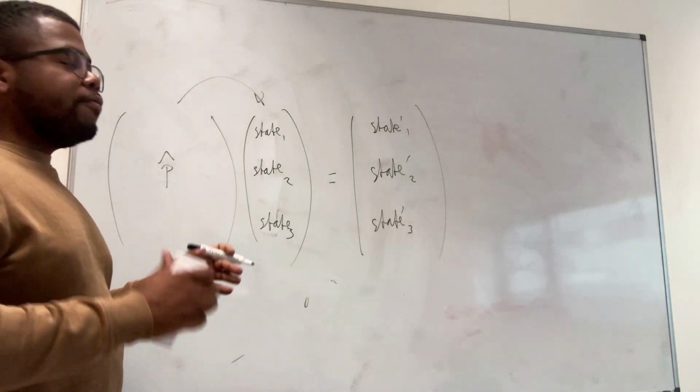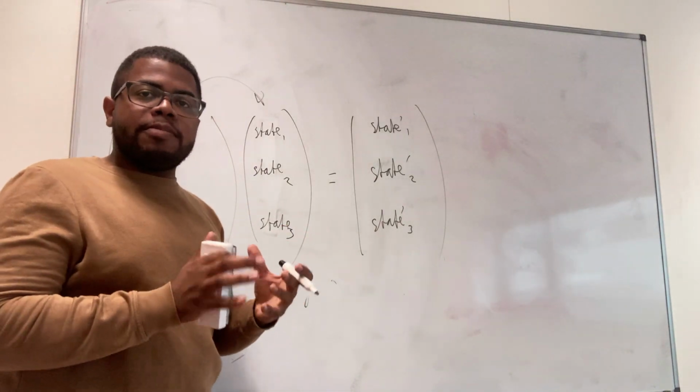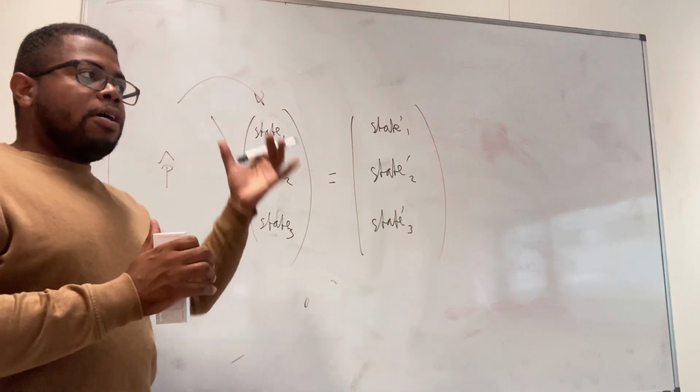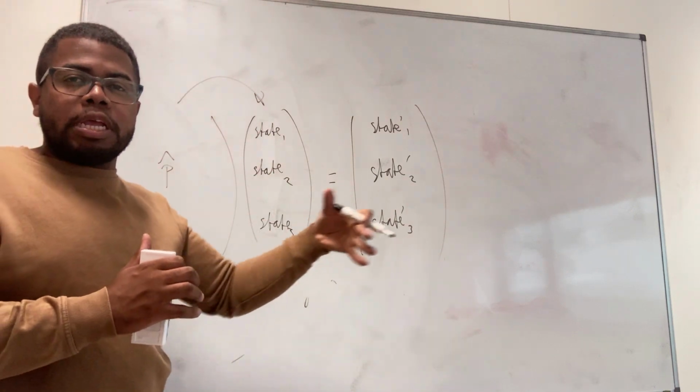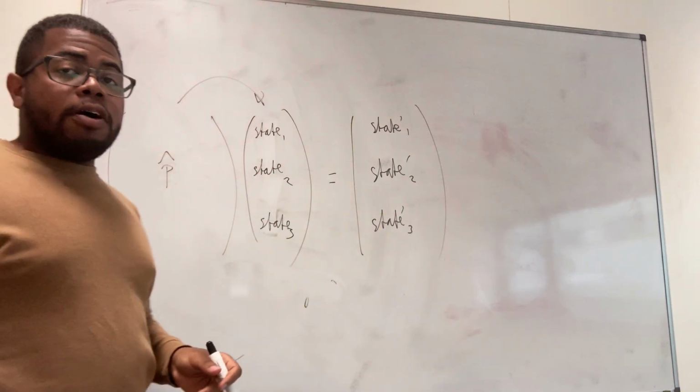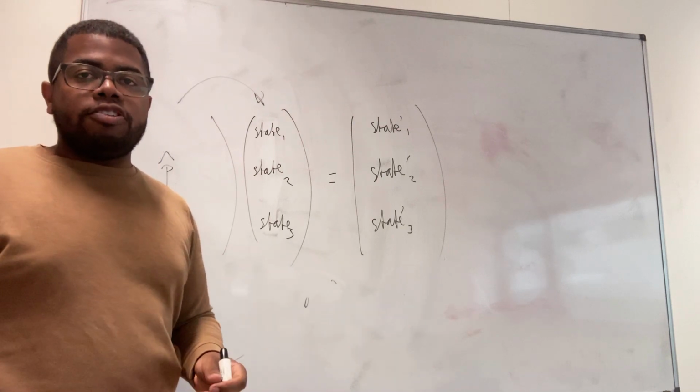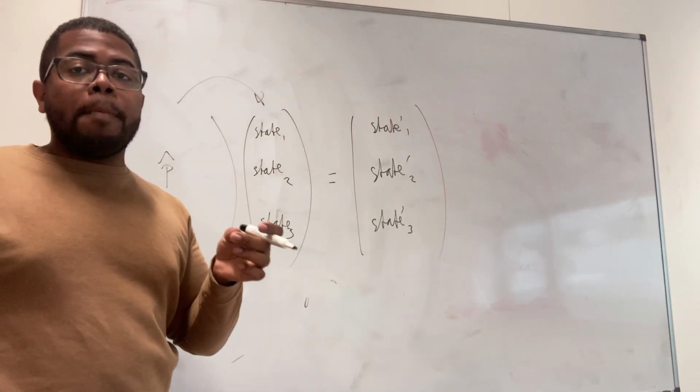And Heisenberg worked with this matrix formalism, this linear algebra formalism of the theory which was building up. And eventually he found something called the commutation relationship between different operators.